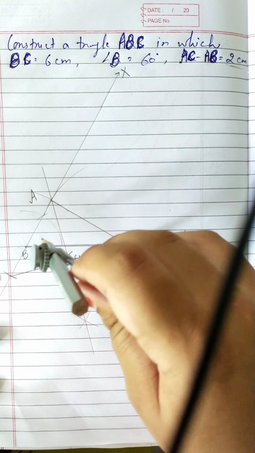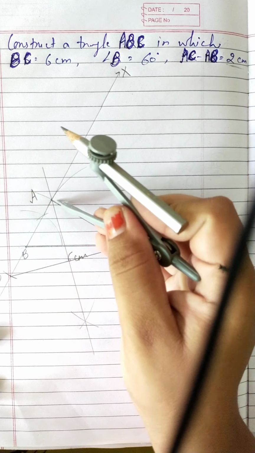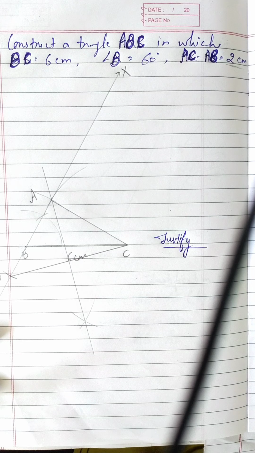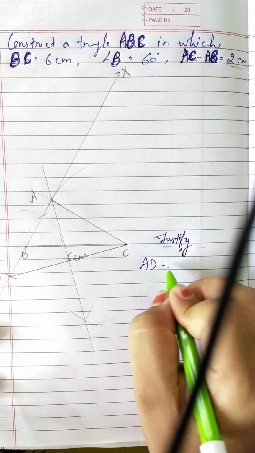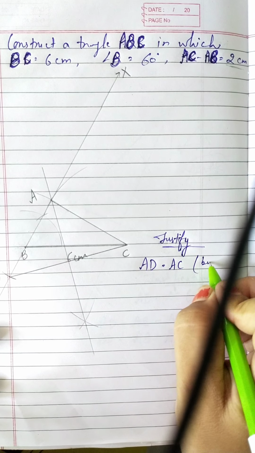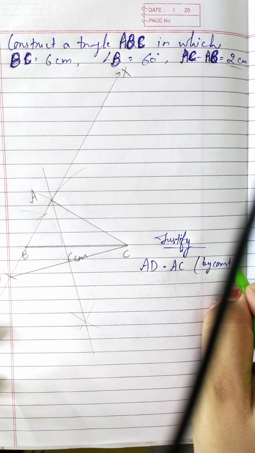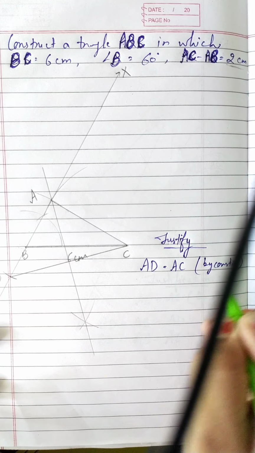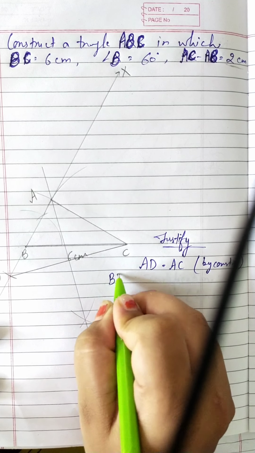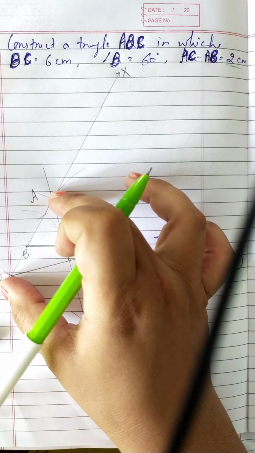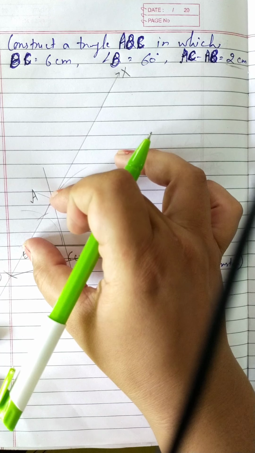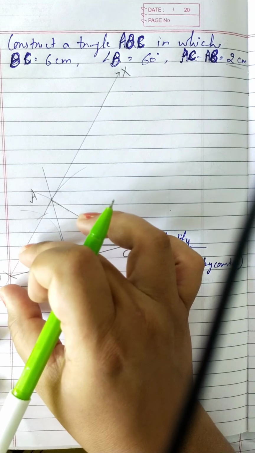Because when you make a perpendicular bisector, AD will be equal to AC by construction. So first step, write it by construction. Next we have to look for BD. What is BD? Please tell. BD is, if you subtract AB from this full AD, then you will get BD.